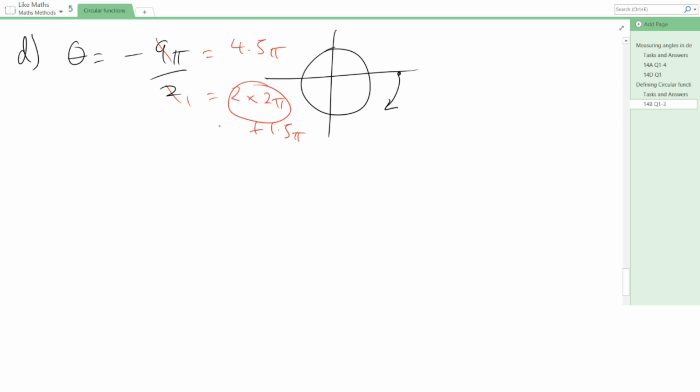So that says go around 2 times, and you end up back where you started, 2 pi being a full rotation, plus 1.5 pi. And 1.5 pi is going around 3 quarters. So up there, y is 1, x is 0, and we know that y is given by the sine of theta, x is given by the cos of theta.